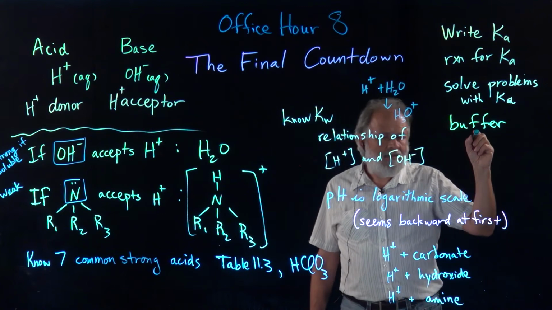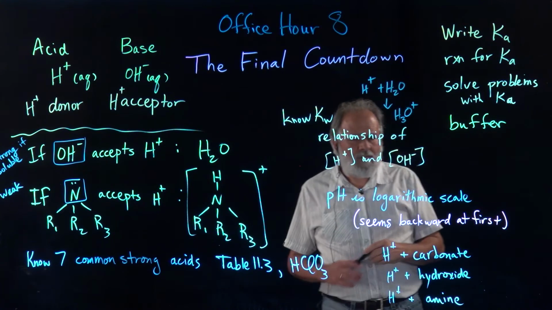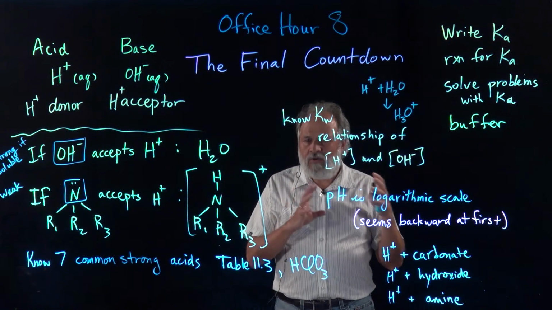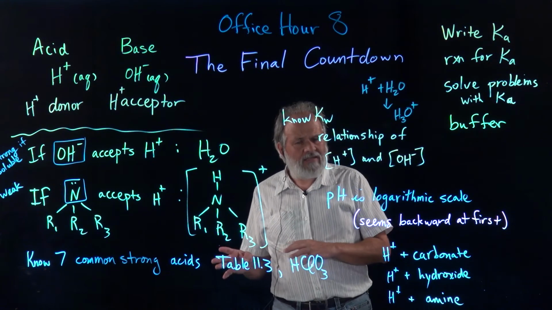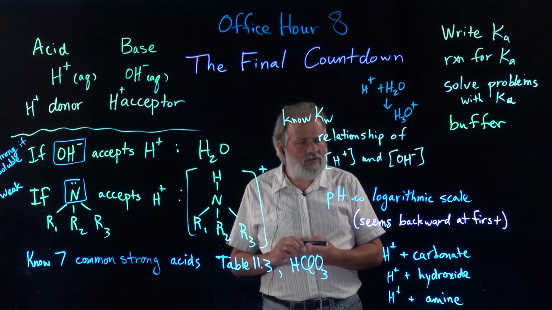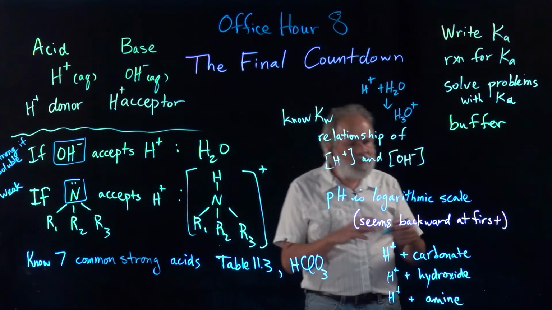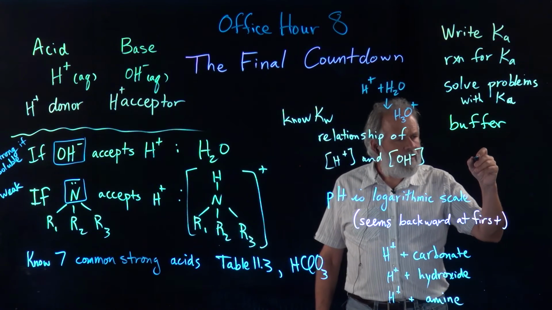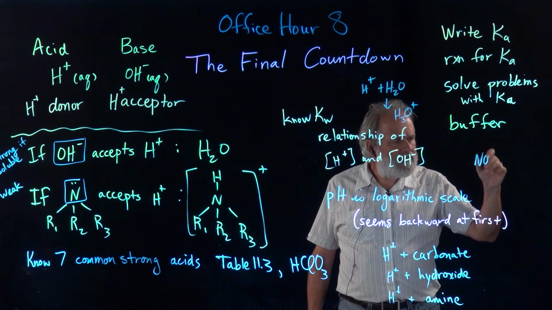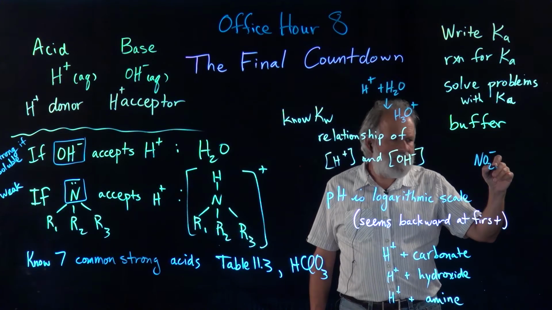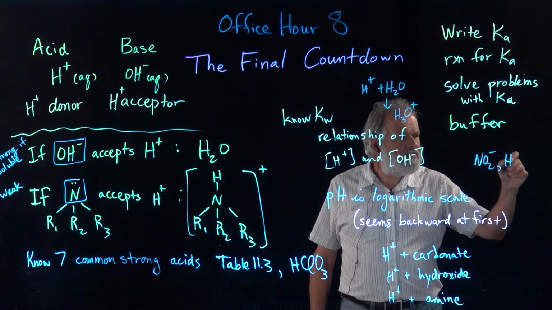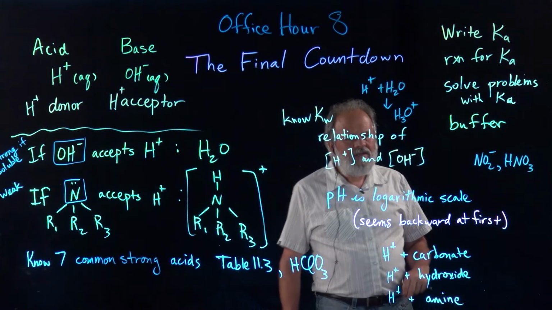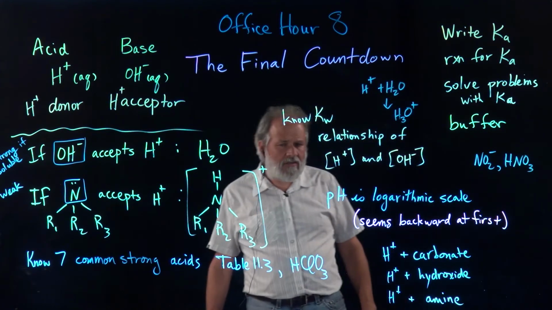And then finally, the last section is buffers. Now, buffers are kind of special in that they have both a weak acid and a weak base conjugate pair that are produced, not only produced, but actually added. So for example, if you have nitrite, a weak conjugate base of nitrous acid, also a weak acid, the mixture of these two together produces something called a buffer.